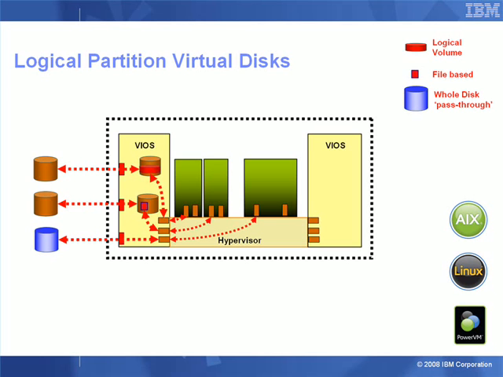This means that there's no sort of mapping inside that the virtual I/O server has to do. It effectively passes the read and write instructions to and from the disk, and the whole disk is presented to the client logical partition to do its I/O.